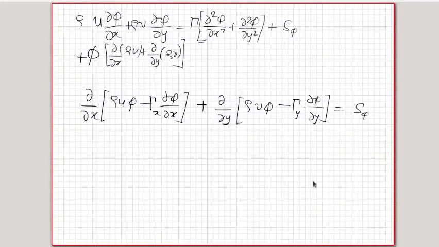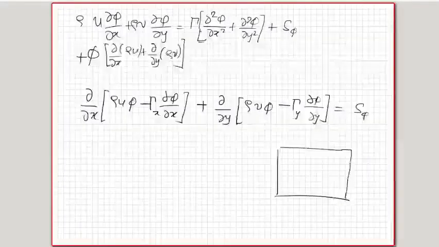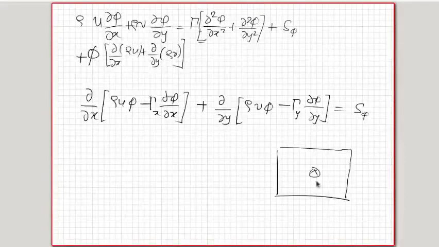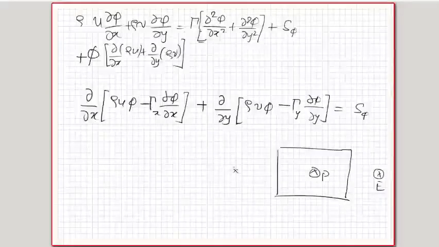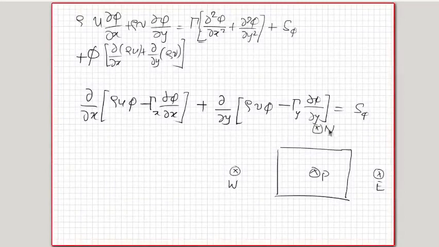Now if I take a control volume, and let us say this is point P and this is the neighboring point capital E. I'll use a map notation to say east and west and north and south.